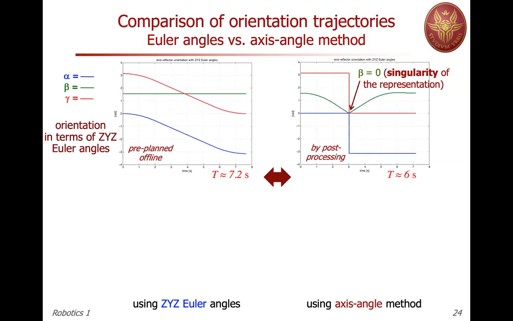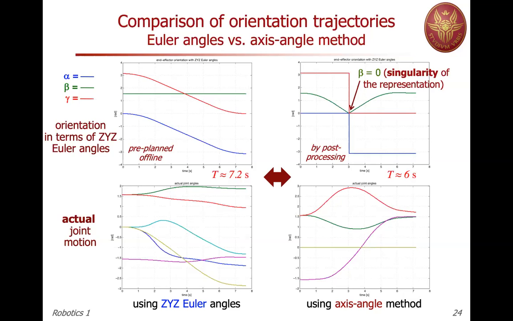Okay, so this is just post-processing. So if we had planned with Euler angles this type of motion, we would have had a problem in terms of singularity. So the resulting joint velocity would have exploded somehow if we were tracing that kind of orientational profile.